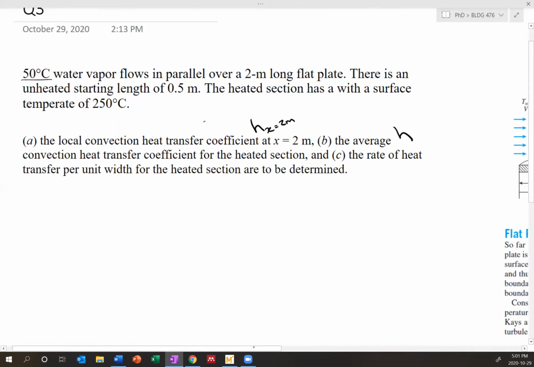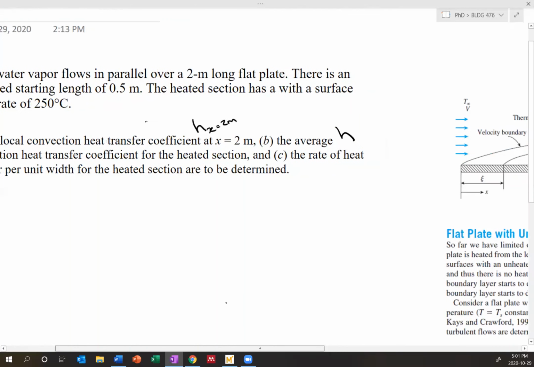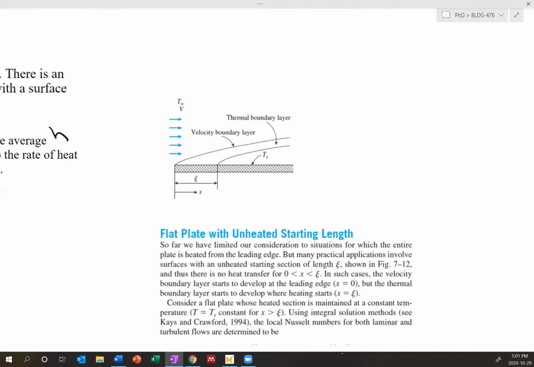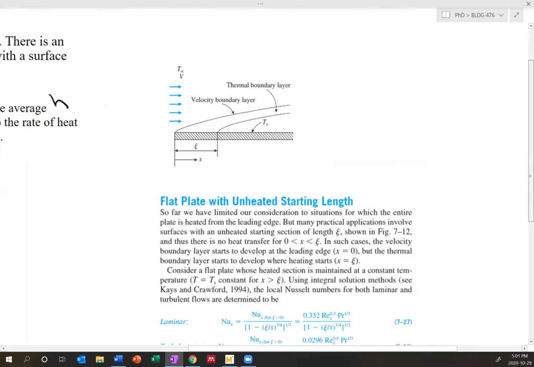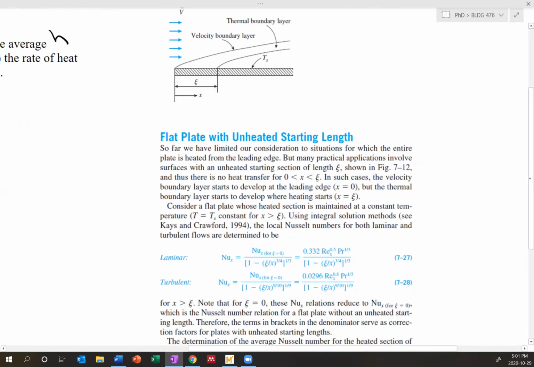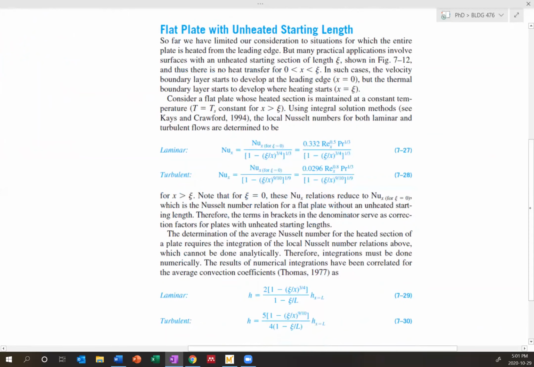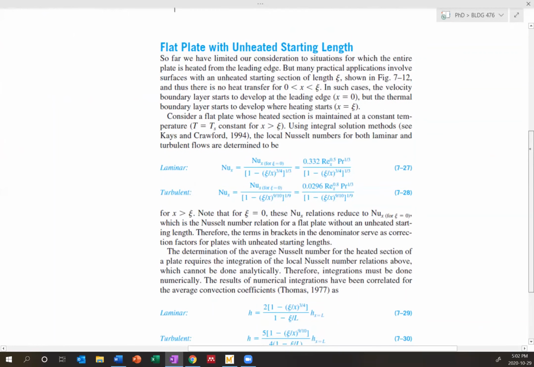This sounds kind of tricky because we have this 2 meter flat plate, but we have this half a meter that's not being heated. But like in a lot of things in this course, we just have this very specific case. There's a section of the book, flat plate with an unheated starting length, and we're able to find our Nusselt number and our h for each one.